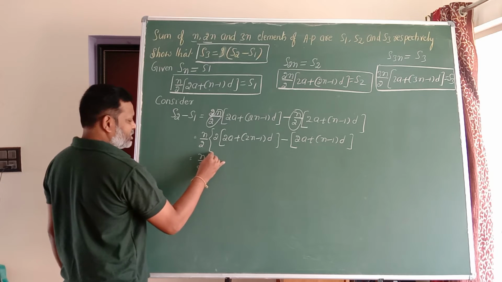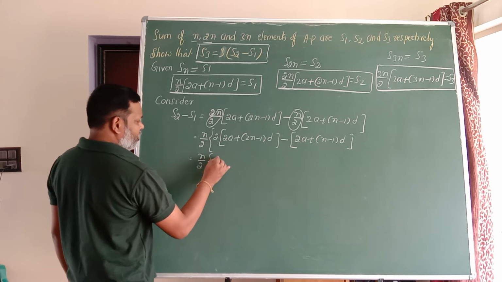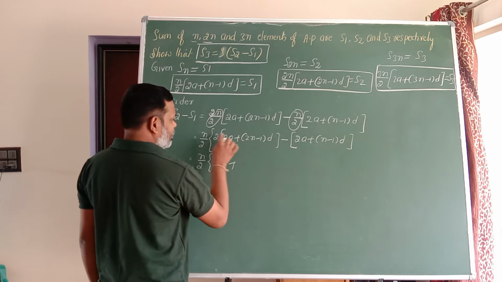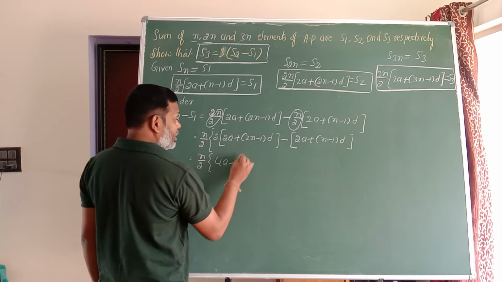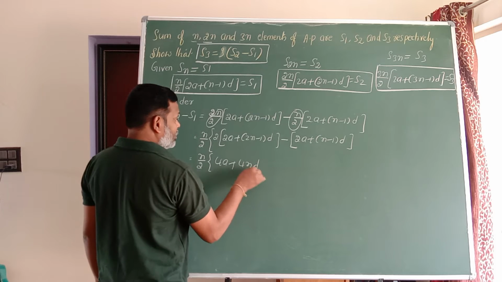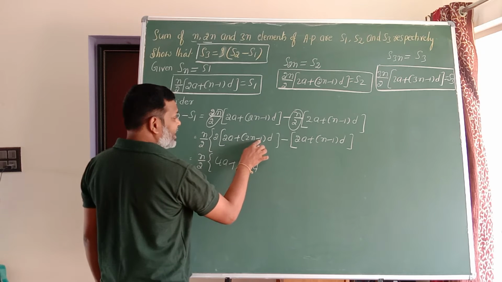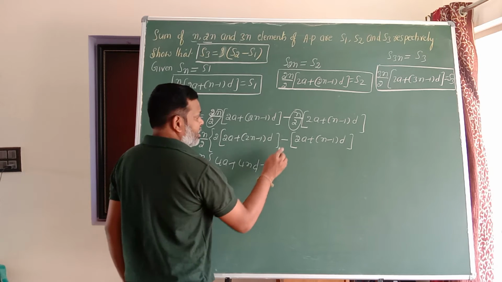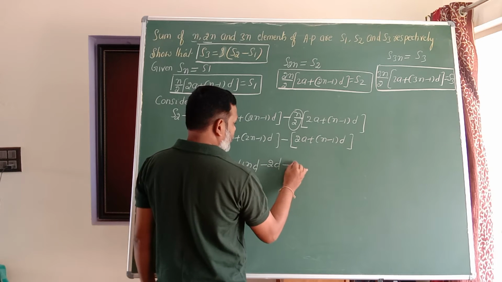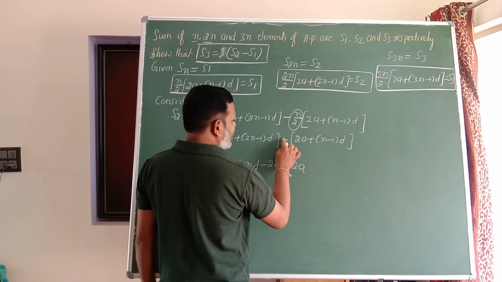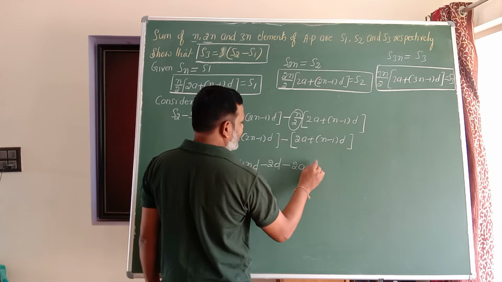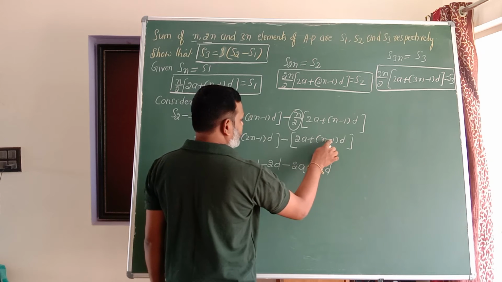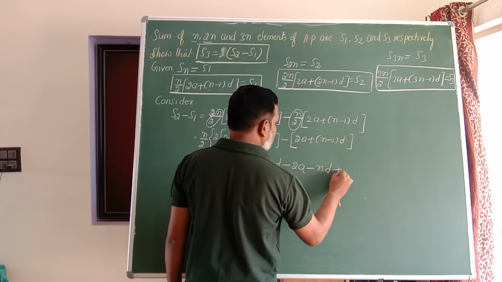N by 2 times of 2 twos are 4a plus 2 twos are 4n, 2 twos are 4n into d, 4nd. 2 into minus 1 is minus 2 into d, minus 2d. Minus 2a, minus into plus is minus, n into d is nd, minus into minus is plus d.